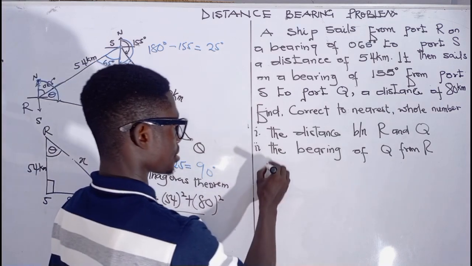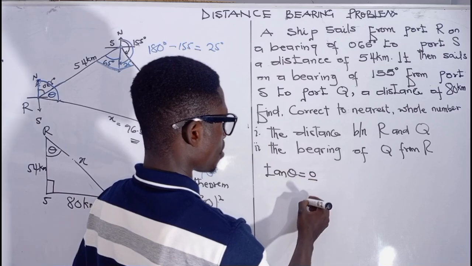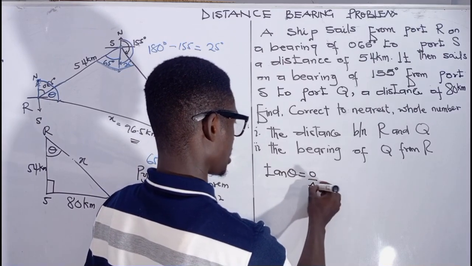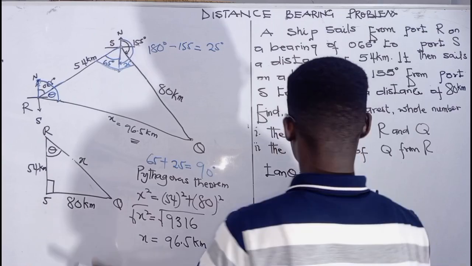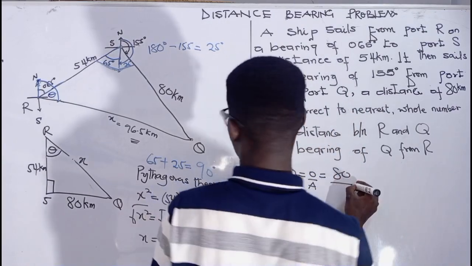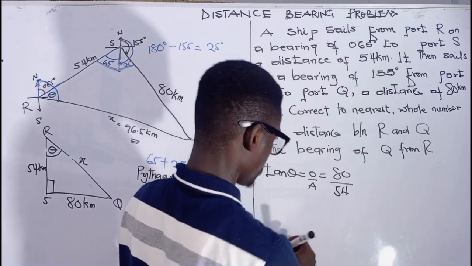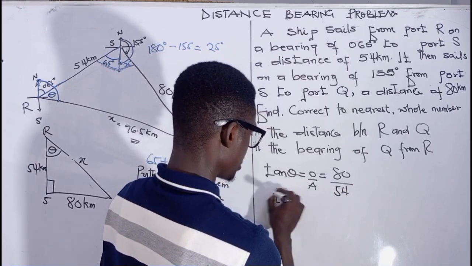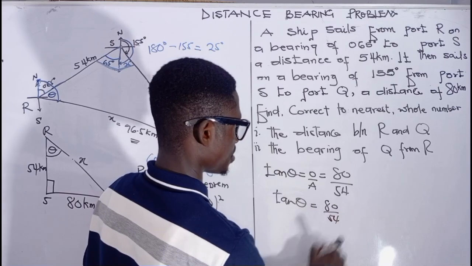We know that tan theta is equal to opposite all over what? Adjacent. The opposite from this triangle is what? 80 all over the adjacent, which is what? 54. So we have tan theta is equal to 80 over 54.